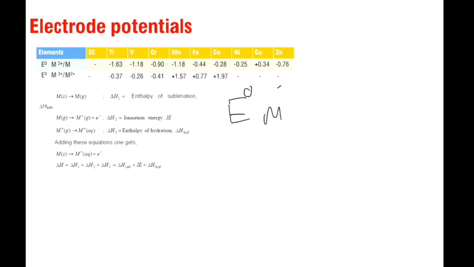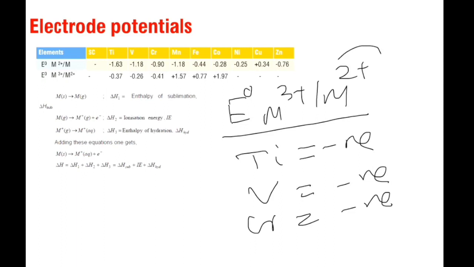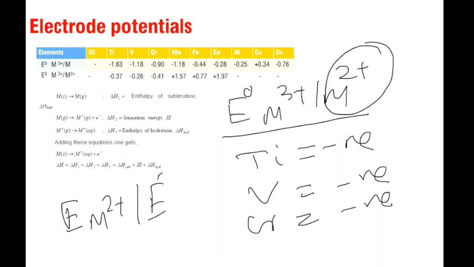But the E° M3+/M2+ of titanium, vanadium and chromium have negative values. As they have negative values, the M2+ to M3+ value will be positive.